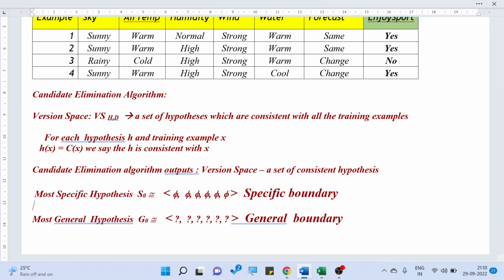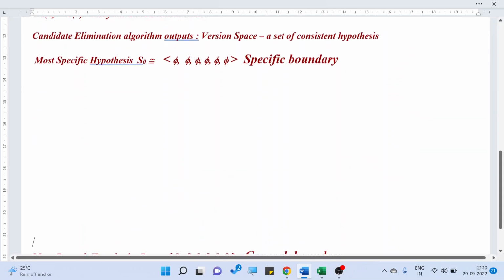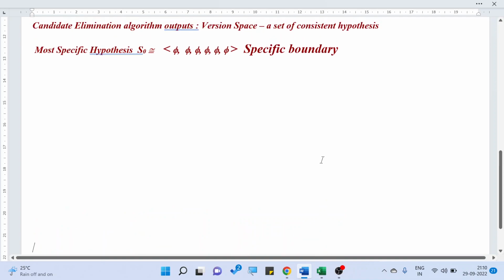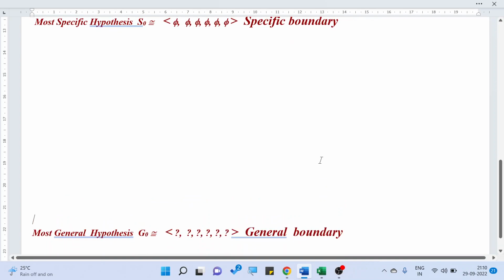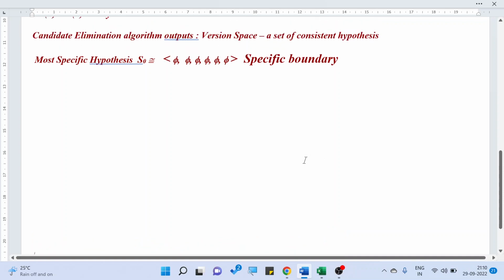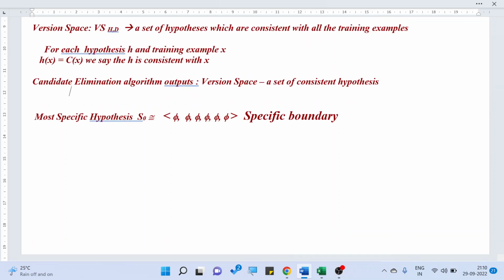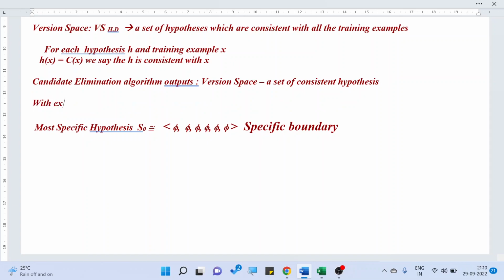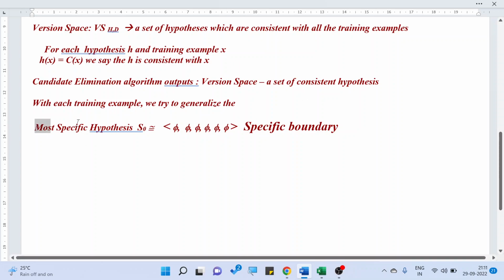So in between, what we try to do is examine each training example, and based on that, with each training example, we try to generalize the most specific hypothesis.